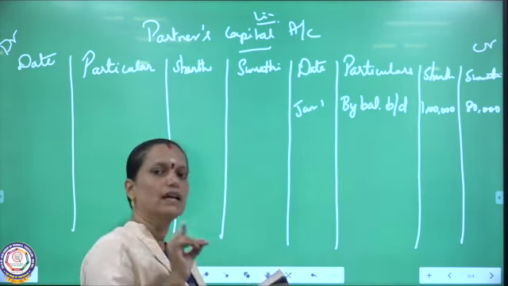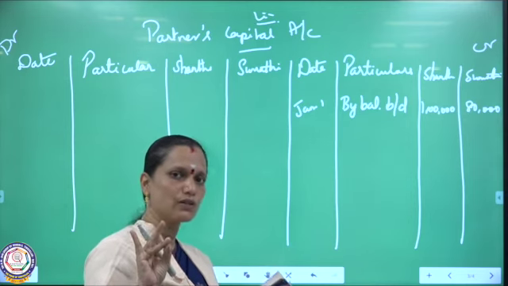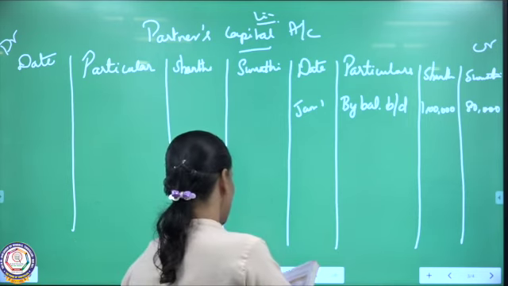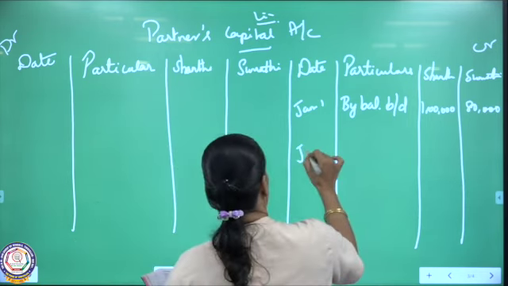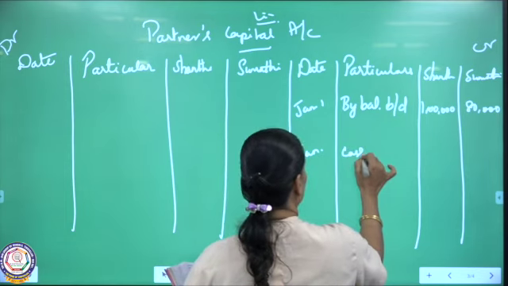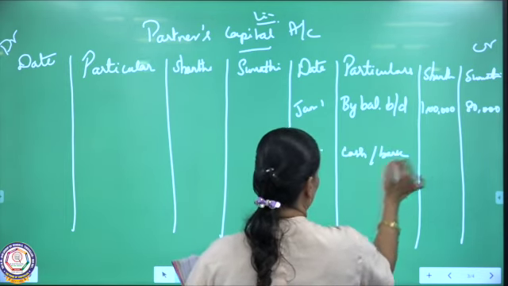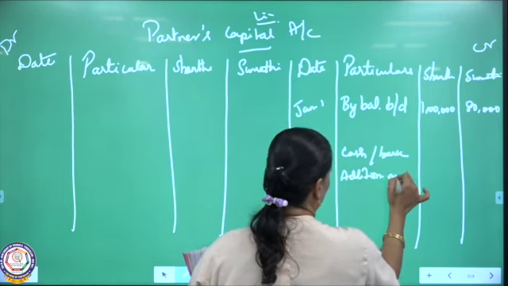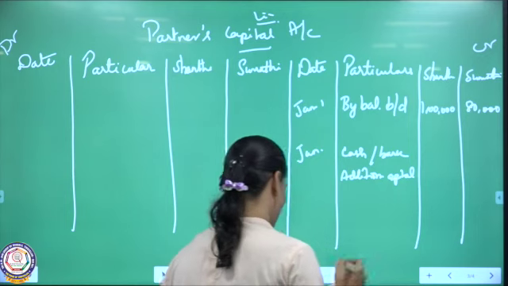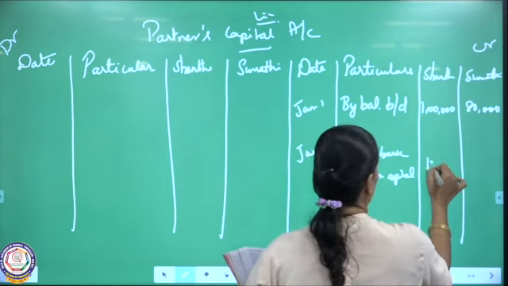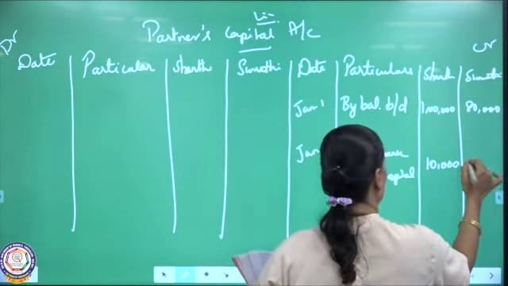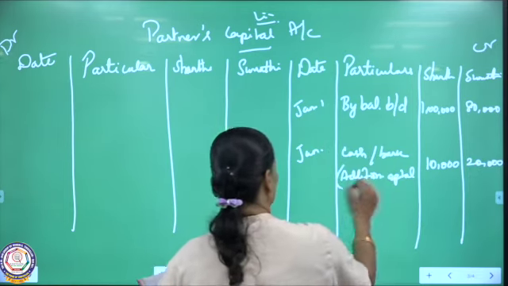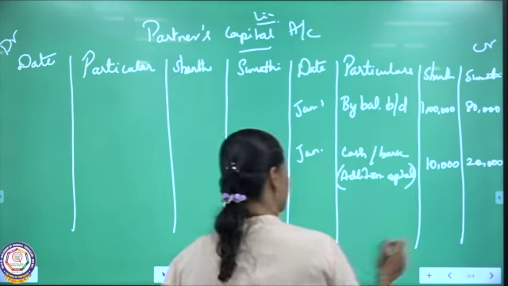So, what should we see? Capital, additional capital introduced, and then permanent drawings, that only we have to take, okay. Additional capital introduced here, January 1, cash or bank, additional capital, okay. How much have they given? 10,000, and then here 20,000, okay. Additional capital, put it in the box.